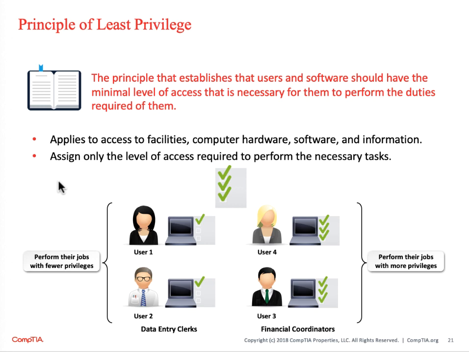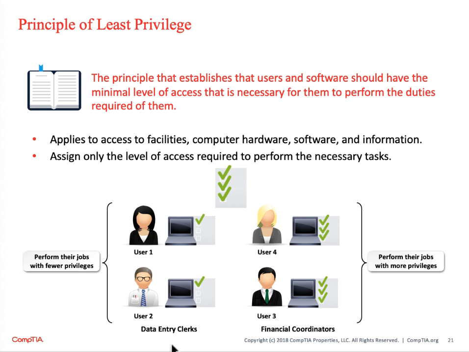Whereas the IT professional, he or she, only has access to what they need to have access to, which is maybe their workstation area, or maybe the server room. And the janitor's work closet, that's locked to them. They don't need to have access to that. So we are only assigning the level of access needed to perform what we need to do given our position.